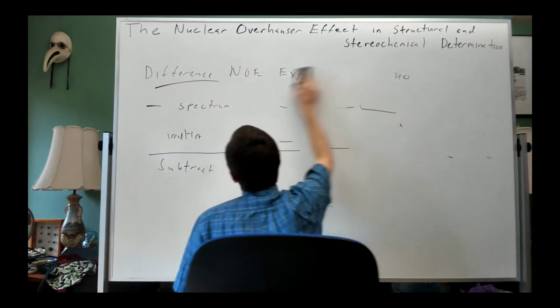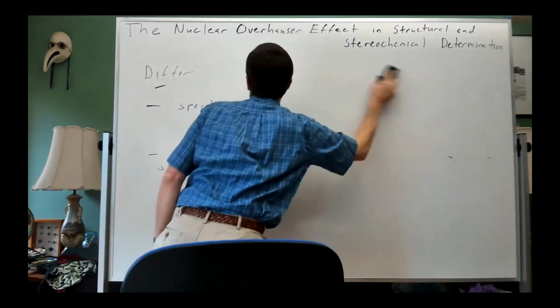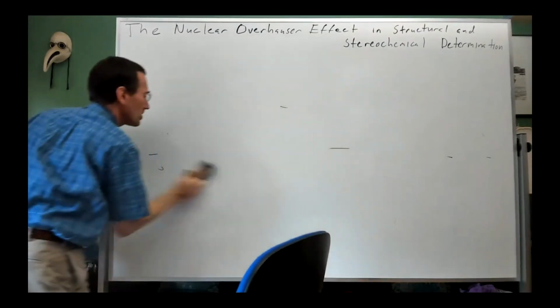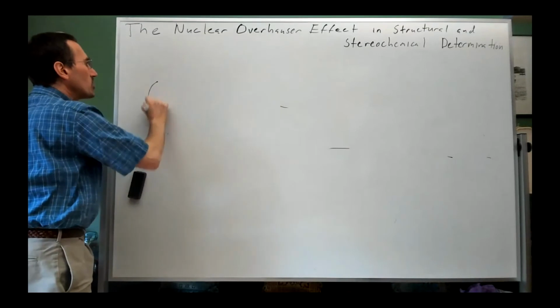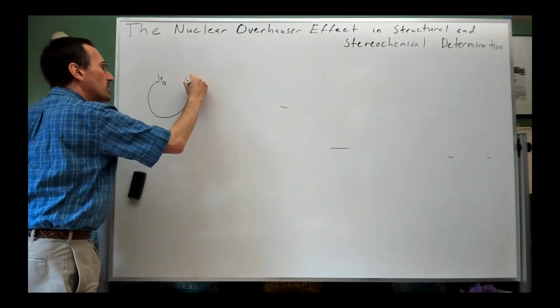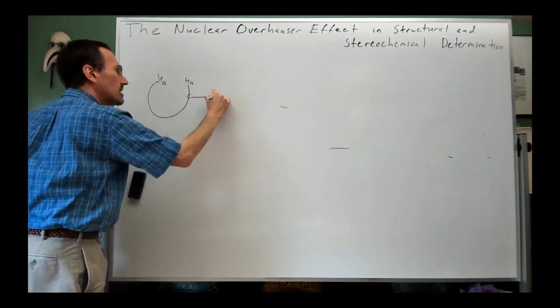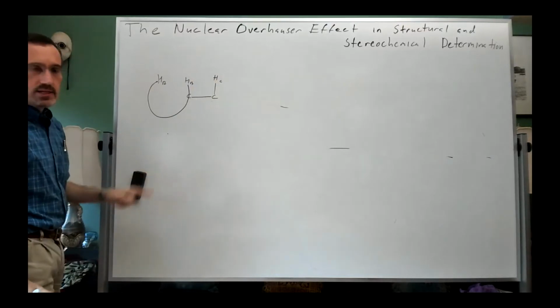So an interesting thing happens if, for example, you have HA and HB, and let's say HB is J coupled to HC.